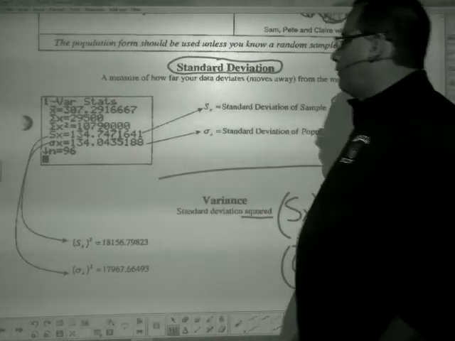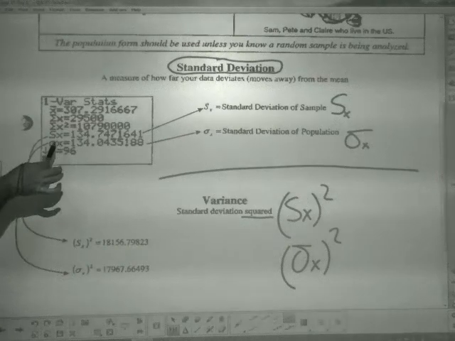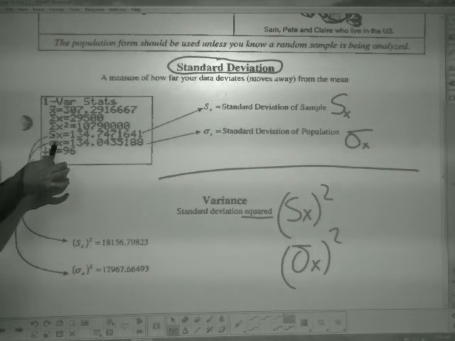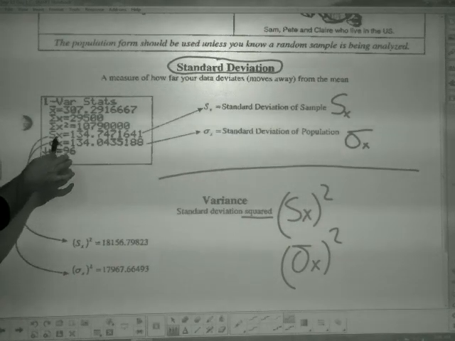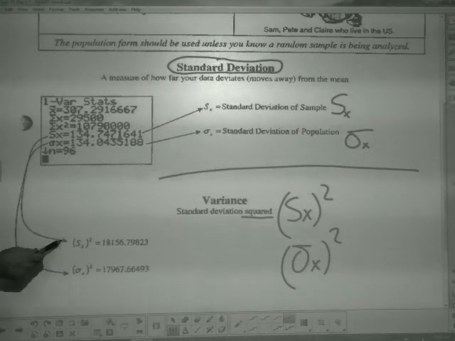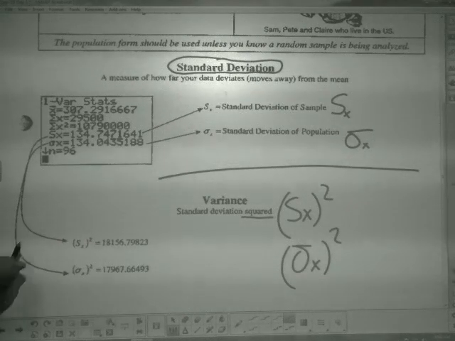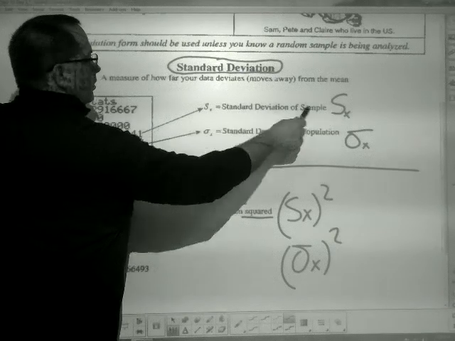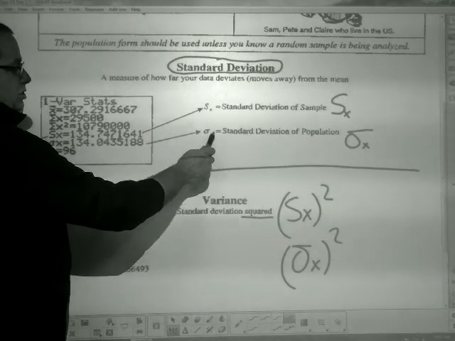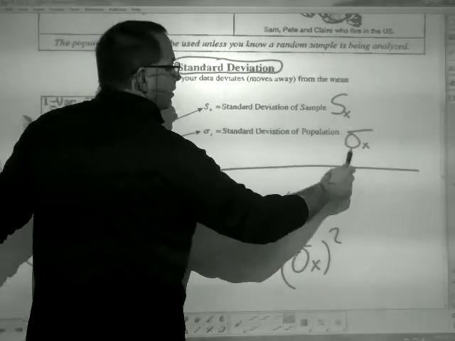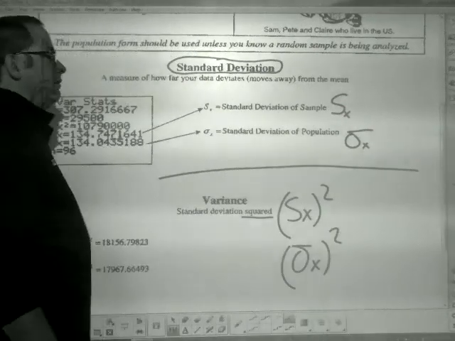When you do your one variable stats, it gives you 2 possible standard deviation measurements. And you have to be able to realize that S is the sample standard deviation, and this symbol, a circle with a tail off the top, is the population standard deviation.